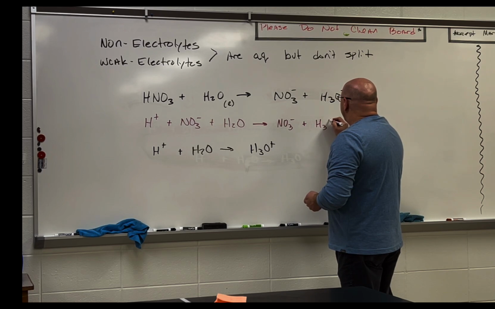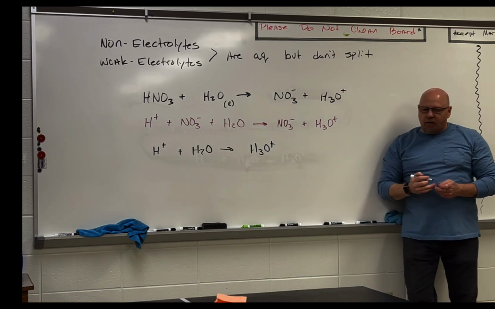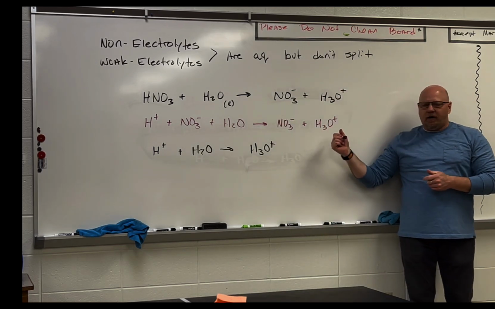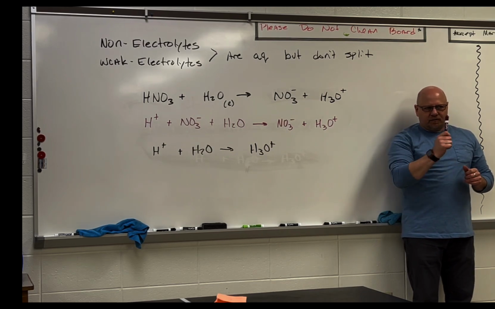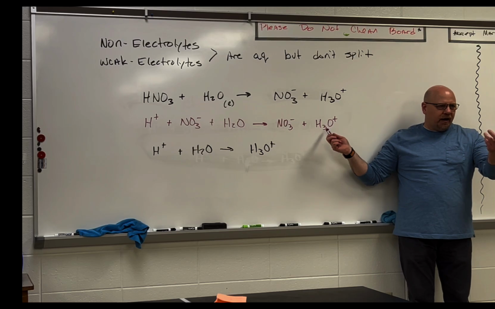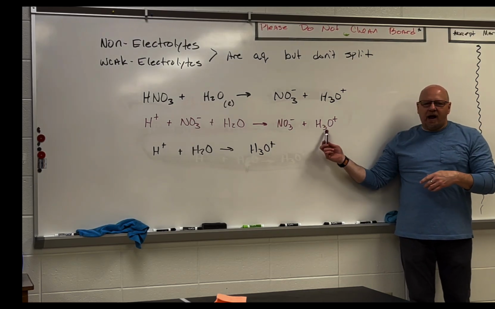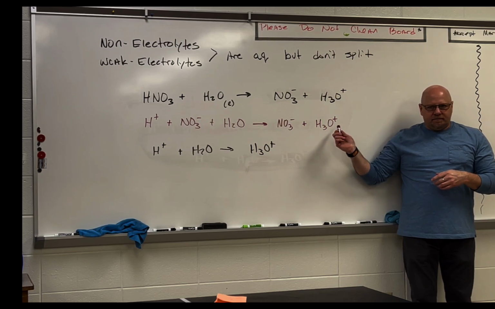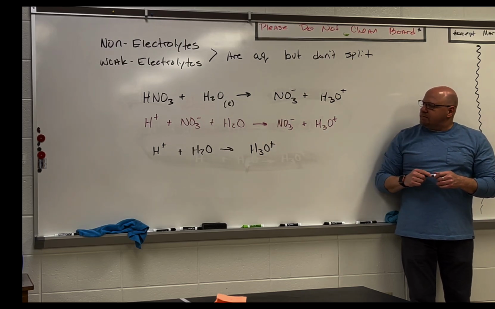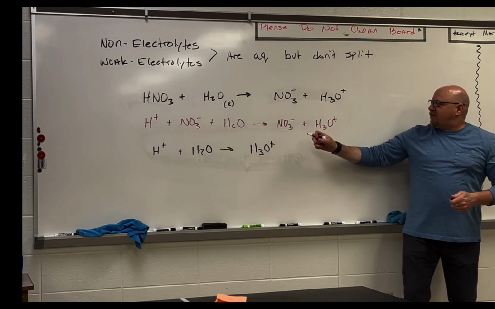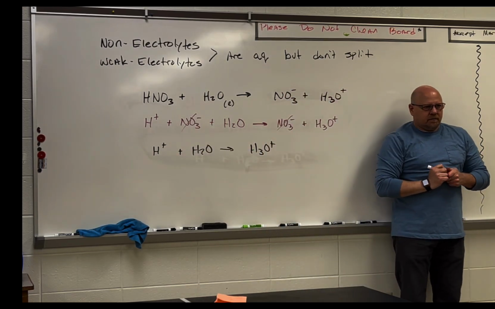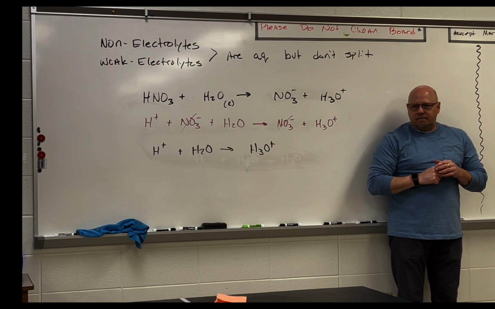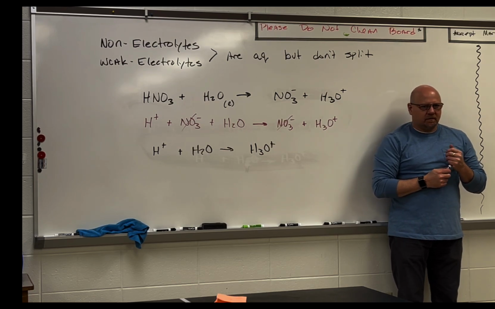The water's acting as the base. That gives us our hydronium. That's what this is called. I think that's what you had, but you were calling it hydroxide, right? Okay. So this is called hydronium. The nitrates cancel. That gives us this. Everybody okay? Who's got questions?